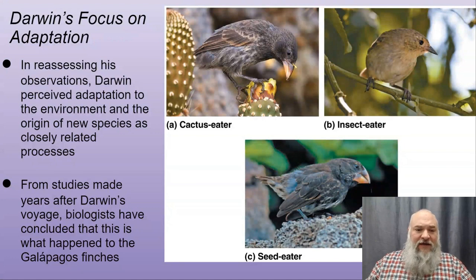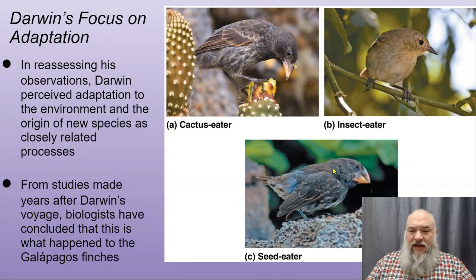So Darwin perceived adaptation to the environment and the origin of new species as closely related processes. So you can see that these things were well fit to their environments, and you can see that we had new species that were well fit to their environments. Like here's a bunch of different finches that Darwin saw. Here you can see they're all finches. They all probably arose, we now know, from the same group of finches that came to the island originally.